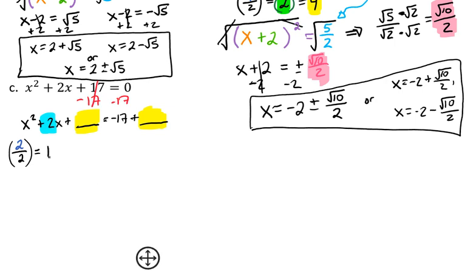Let's try this a little bit different. There we go. So we square that 1, and 1 squared is 1. And that's what we're plugging into our empty spot. So 1 and 1.